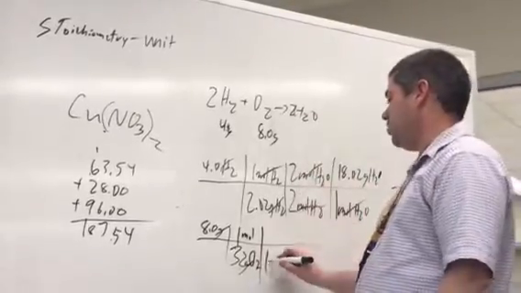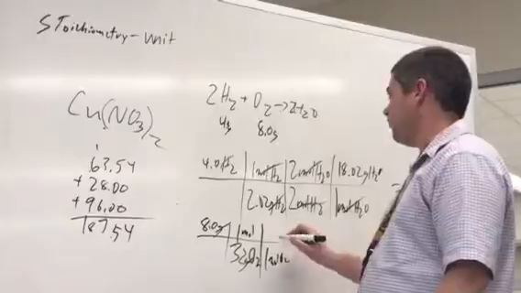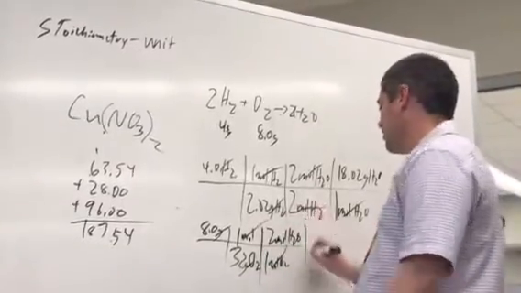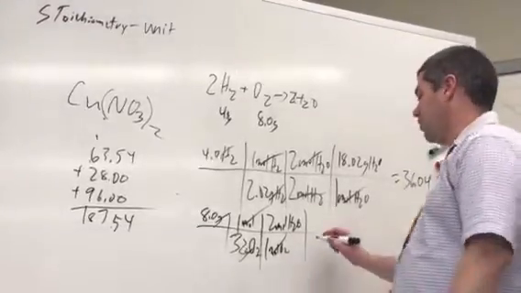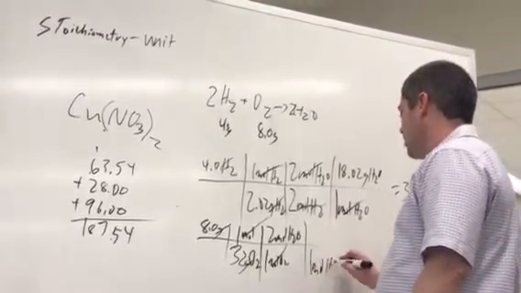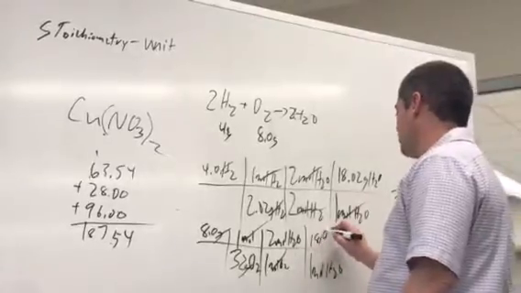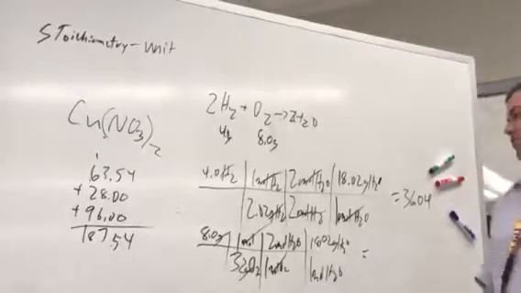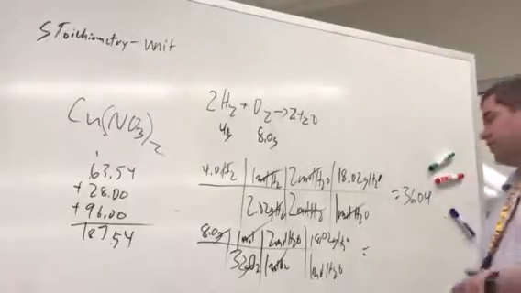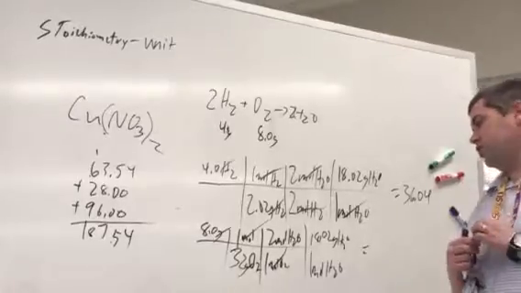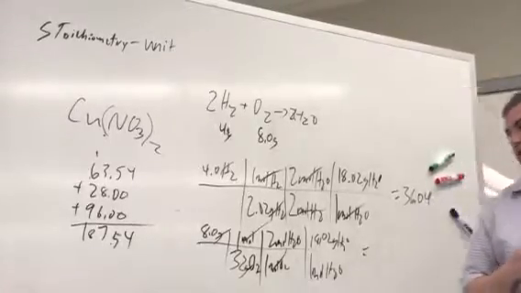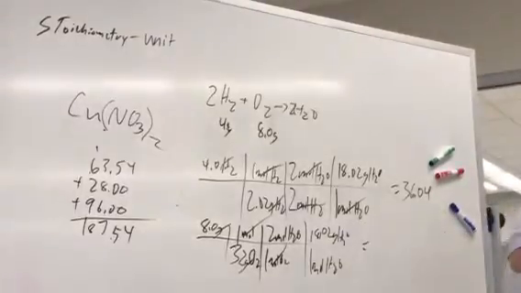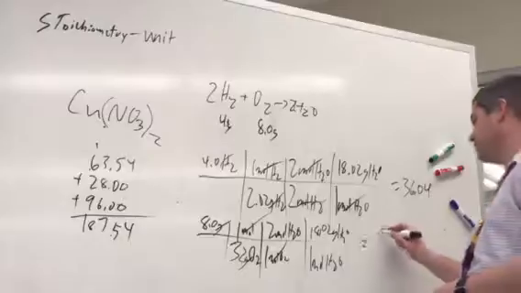It's 1 mole O2 for every 2 moles H2O. And then 1 mole of H2O is 18.02 grams H2O. So 8 times 2 is 16, times 18, divided by 32, equals 9.